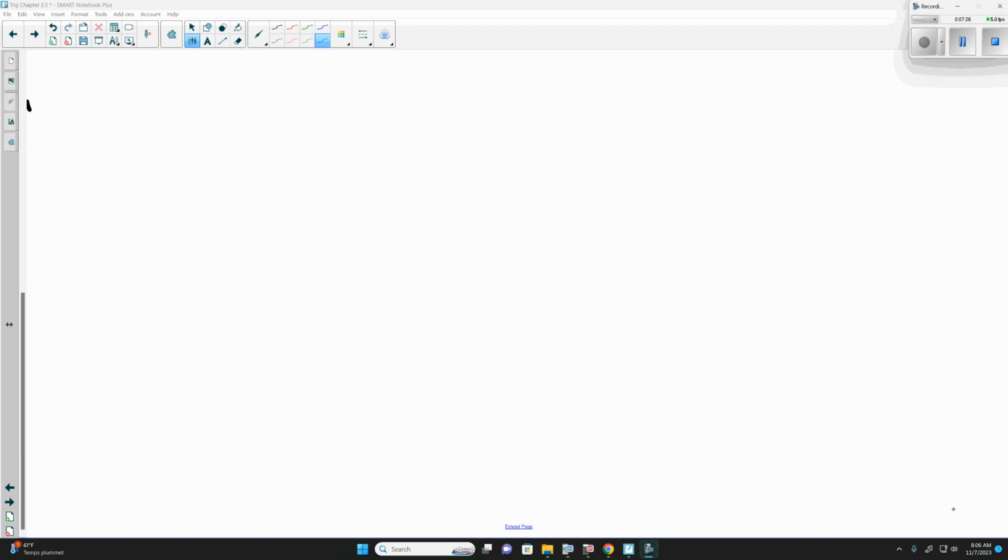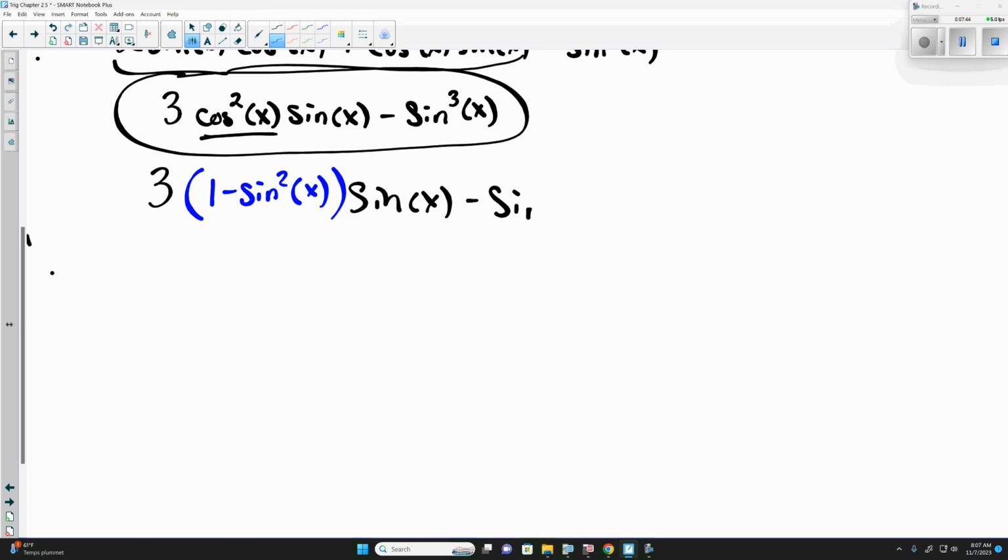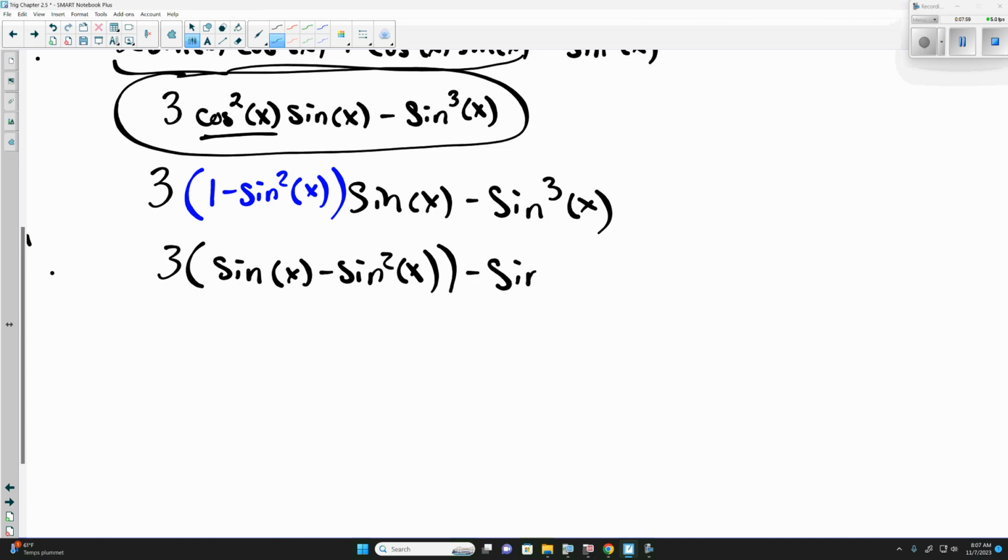But cosine squared of x is the same as 1 minus sine squared of x. And we can plug that in. Now we can distribute, telling us that we have sine of x minus sine squared of x minus sine cubed of x.